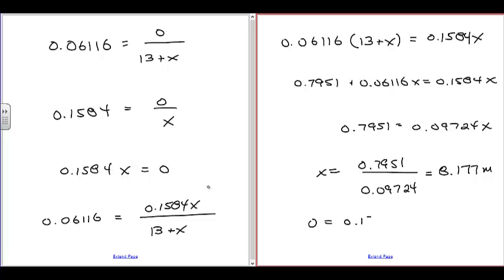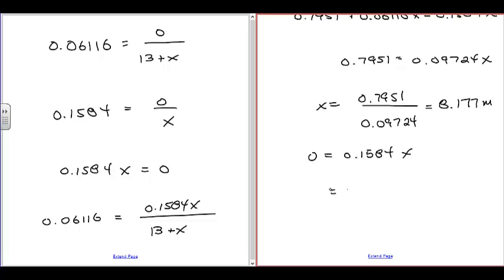I'm going back here. 0.1584x. So that's x, and m is for miles.